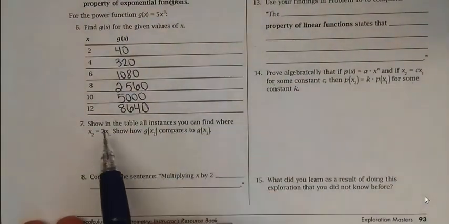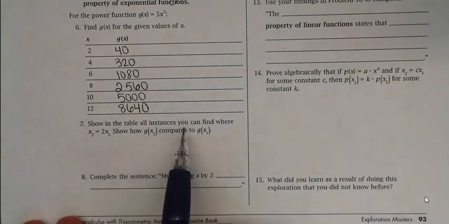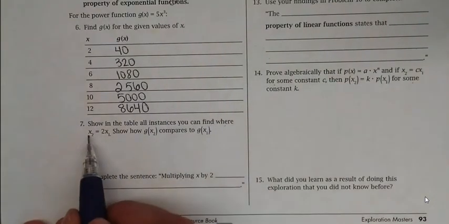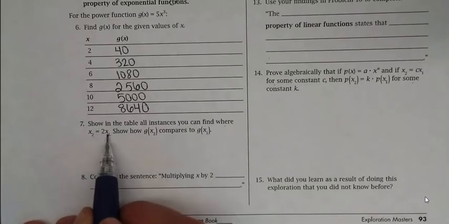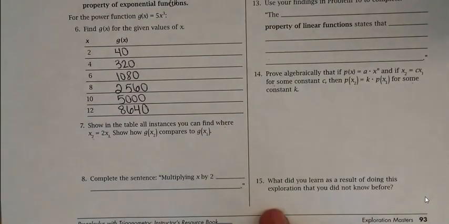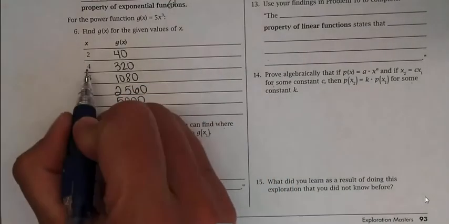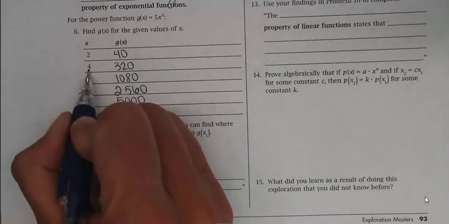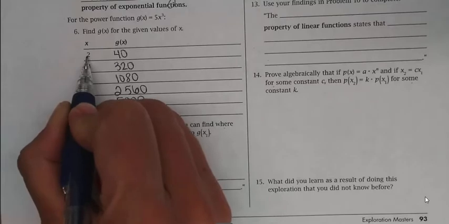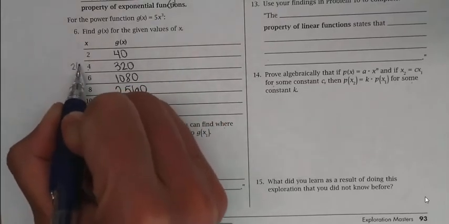All right, so for this one, we're going to show in the table all instances you can find where x2 equals 2 times x1. So for example, this is 2 times x1, so this right here is 2 times 2.